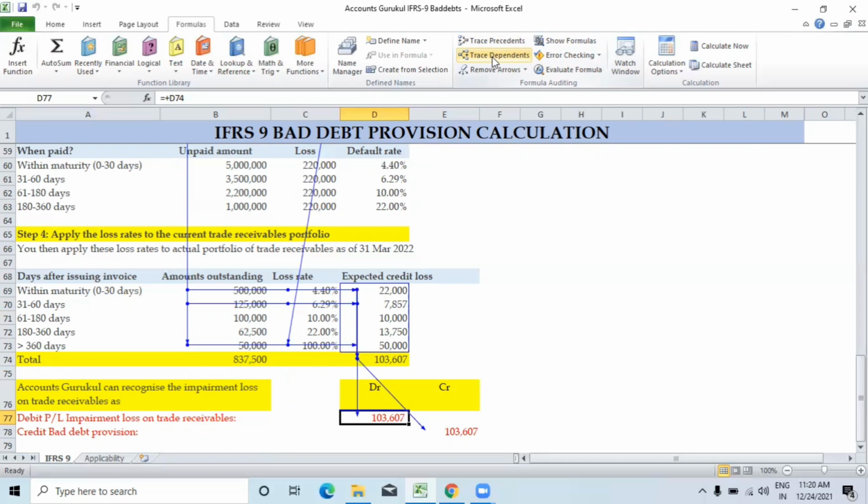Then that default rate we have to apply to our aged outstanding, and we have to calculate the expected credit loss, and we have to take the entry for that impairment loss on trade receivables and hit our P&L account and credit to bad debts provision. So this is all from this video.